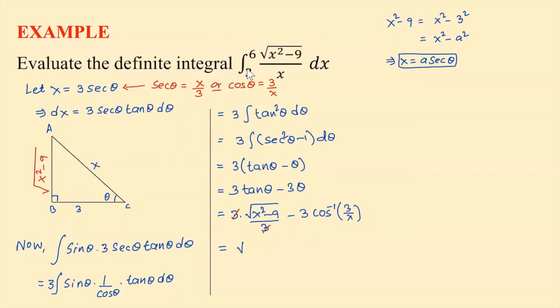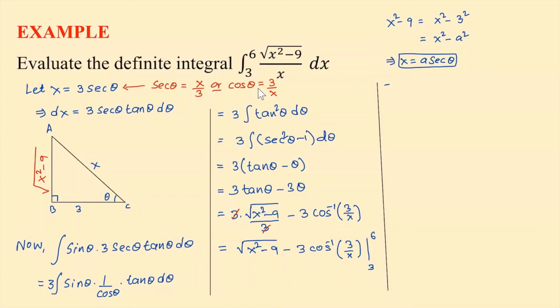So we have square root of x squared minus 9 minus 3 cosine inverse 3 over x, and this expression must be evaluated between 3 and 6. So we are going to use the fundamental theorem of calculus: we plug in the upper limit, we subtract and plug in the lower limit. So let's see what we get by doing that.